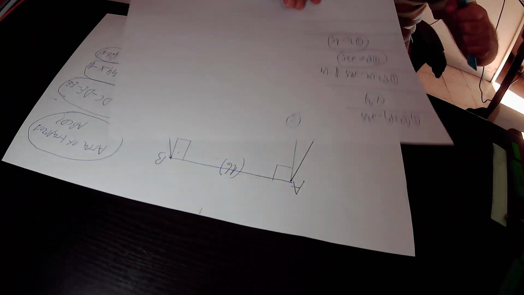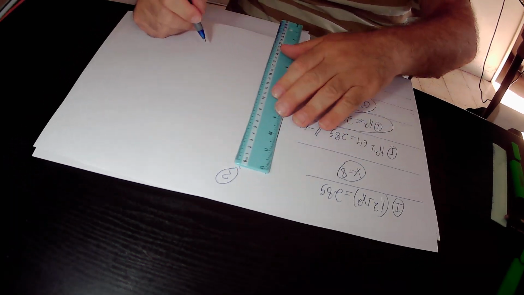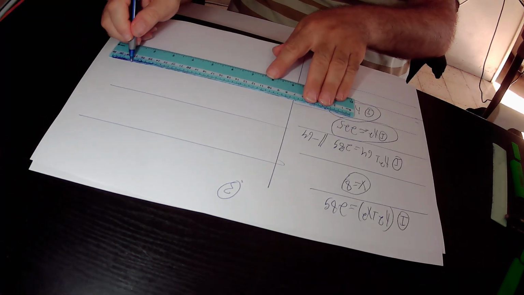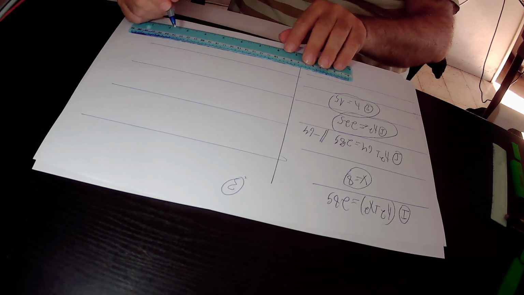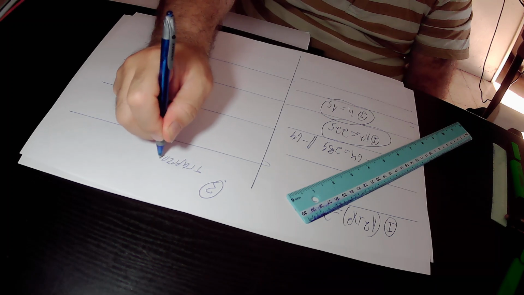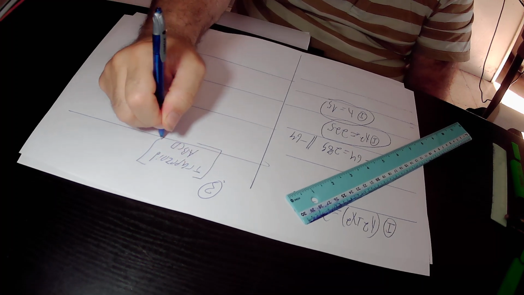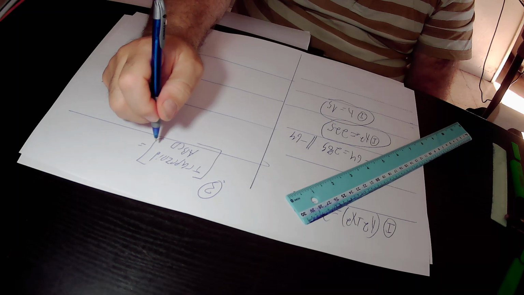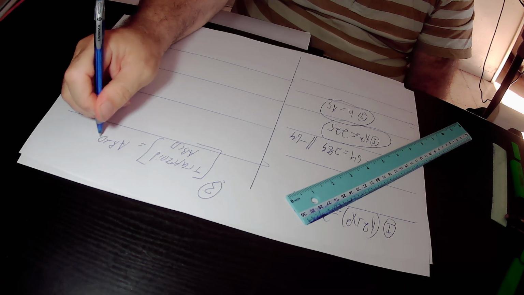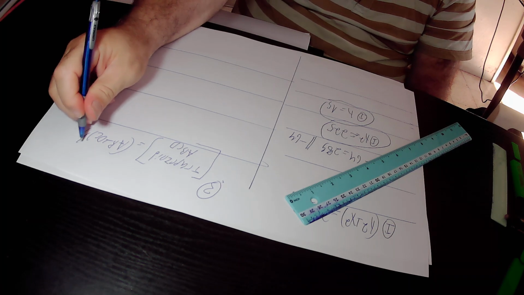Our mission is to find out the area of this trapezoid ABCD. We have already found out that the area of trapezoid ABCD is equal to the sum of its two parallel bases, that is AB plus DC, times the height that is h, over 2.